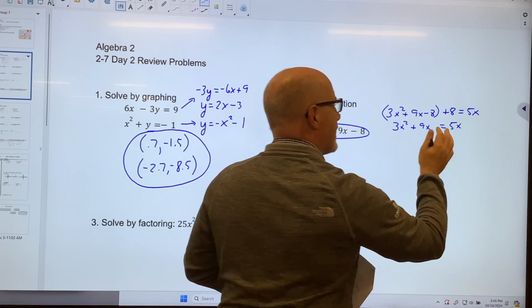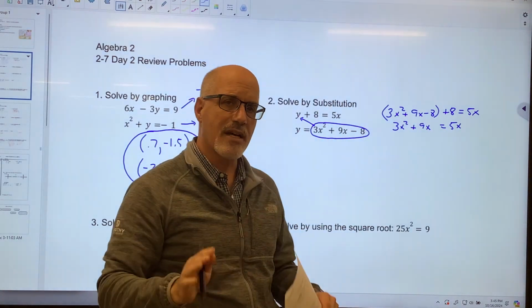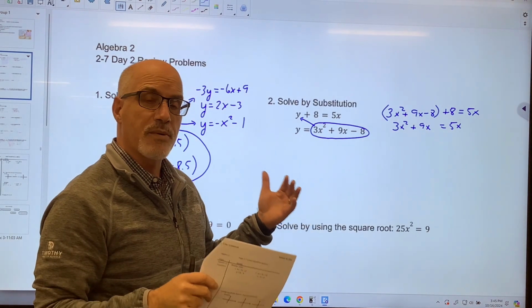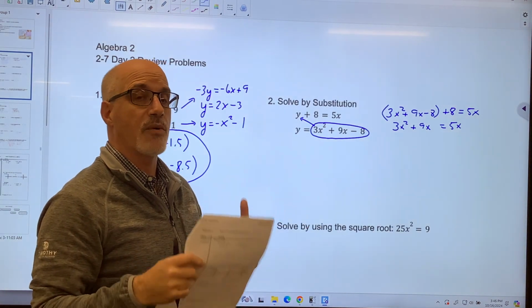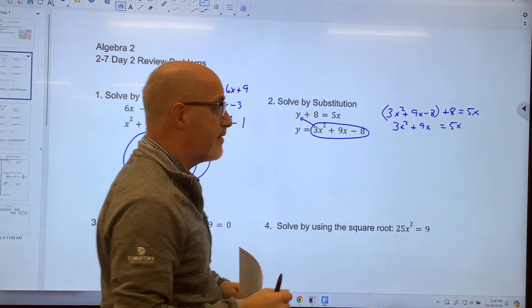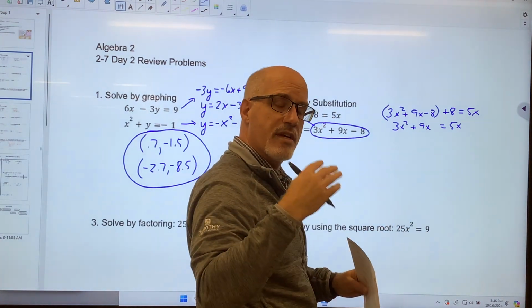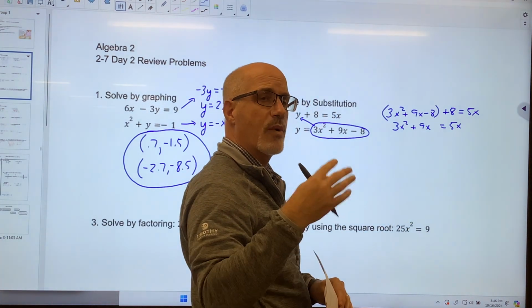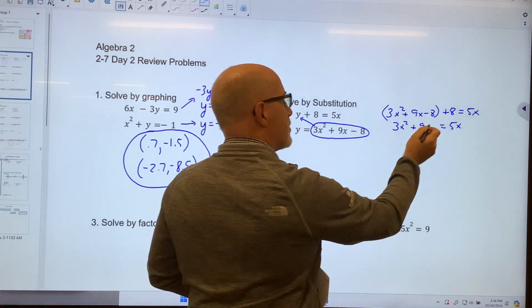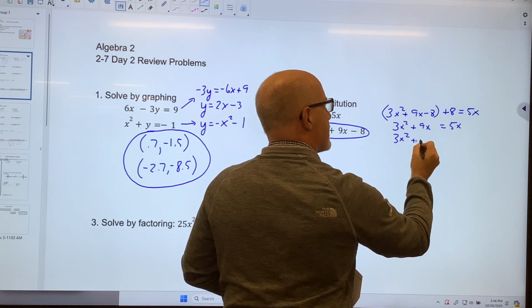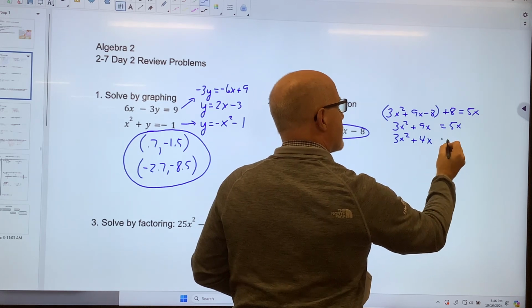Now for this one, I think my best option is going to be to factor, because I noticed that I've got fewer terms and everything has an x in it, so I'll be able to take out a common factor. I'm going to try factoring. You do have the option of solving by completing the square or the quadratic formula. So let's go ahead and subtract 5x. I get 3x squared plus 4x is equal to 0.